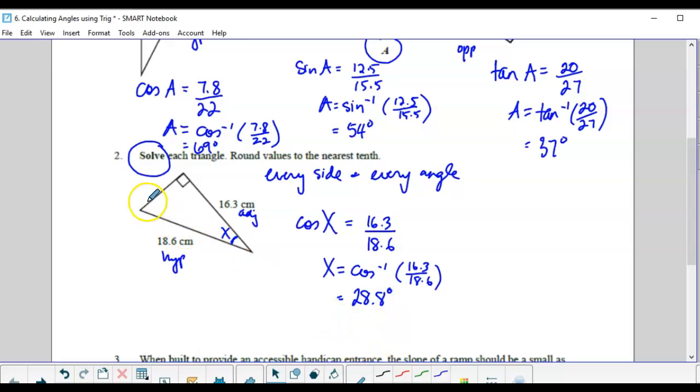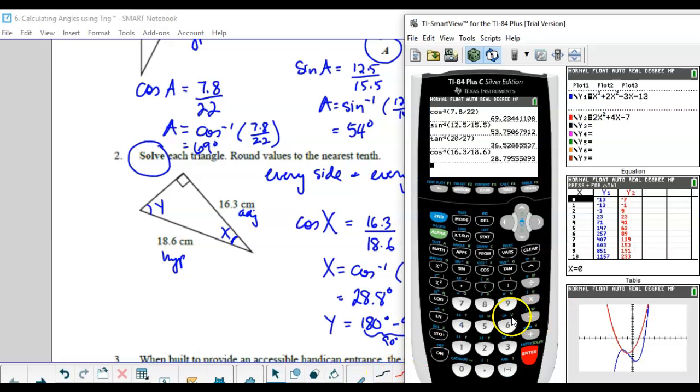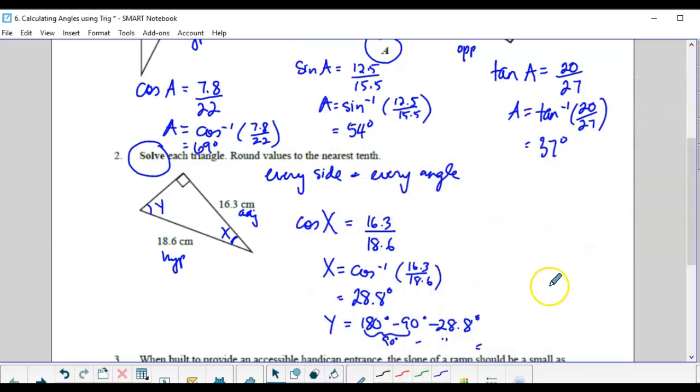And then I'll call this angle Y, capital Y. So then Y would be 180 minus 90 minus 28.8. So really, that's 90 minus 28.8. So 90 minus that answer is 61.2.